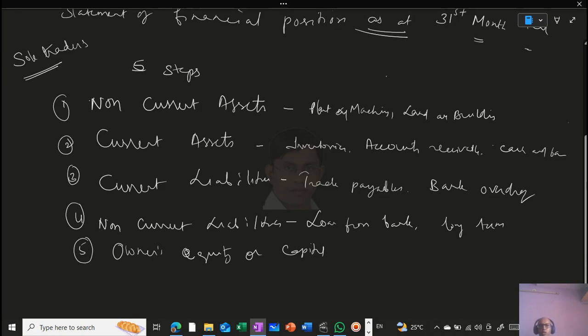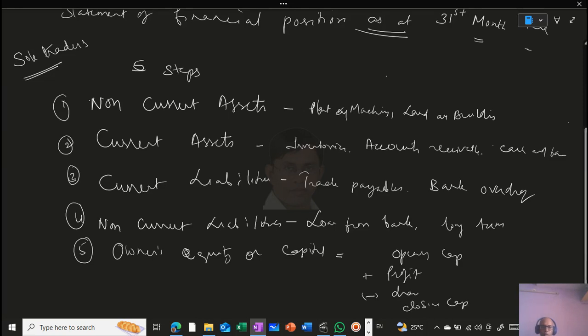Owner's equity or capital means the money invested by the owner. Here we have to start with opening capital, add profit, less drawings. Whatever you get is closing capital.